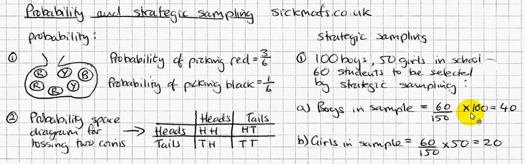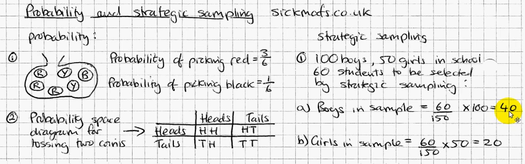So 60 over 150 times 100 equals 40. So there should be 40 boys in my sample, and 60 over 150 times 50 gives me 20, so there should be 20 girls in my sample. And as you can see, there are twice as many boys as there are girls in my sample, and I've got 40 plus 20, together that makes 60.